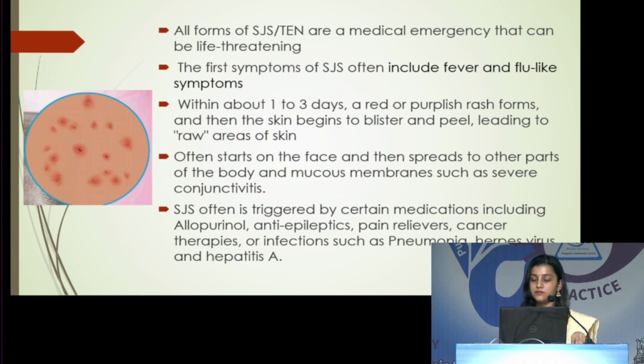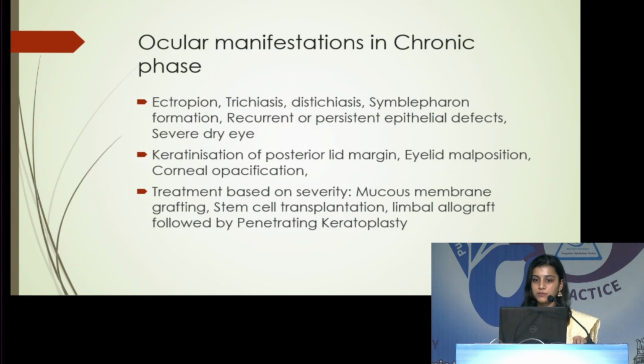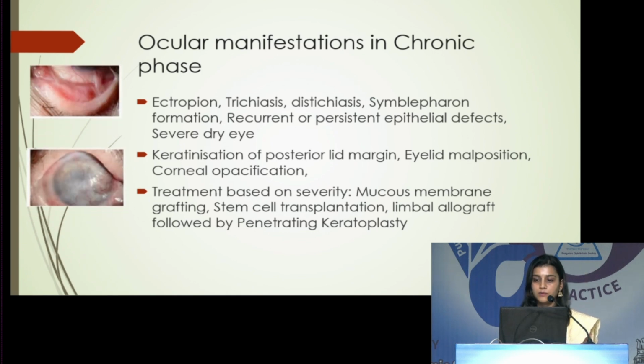It is mainly triggered by medications like allopurinol, anti-epileptics, pain relievers, and sulfa drugs, and also some infections like Mycoplasma pneumoniae, herpes simplex, and hepatitis A. The ocular manifestations in the chronic phase are ectropion, trichiasis, dystrichiasis, and they can be managed by mucous membrane grafting, stem cell transplantation.